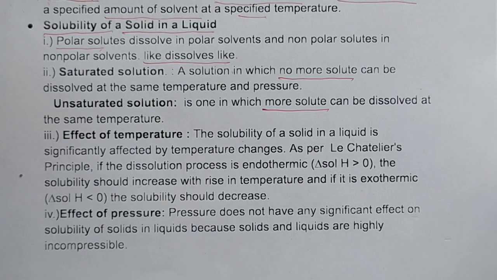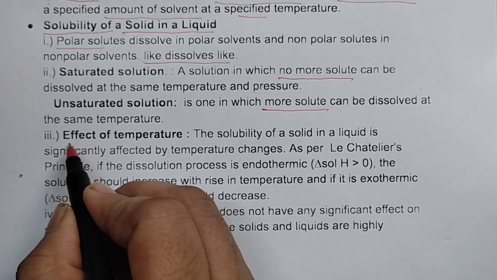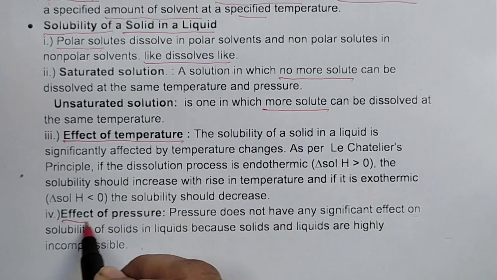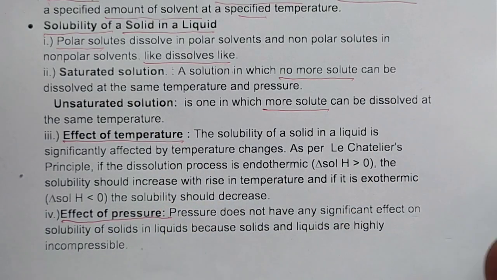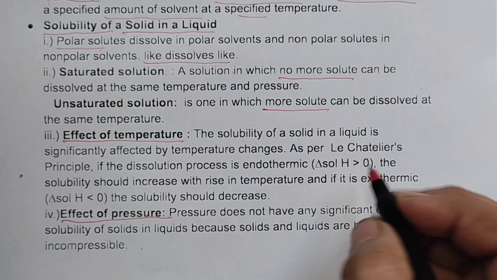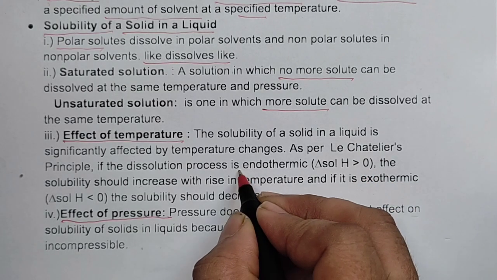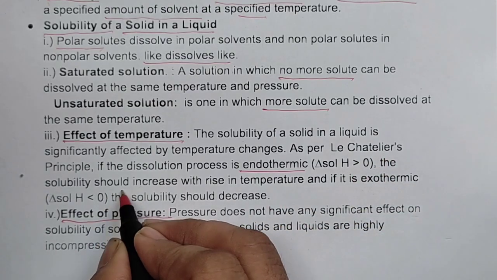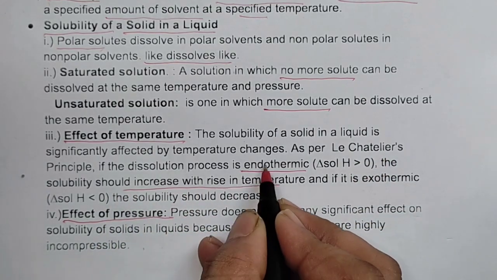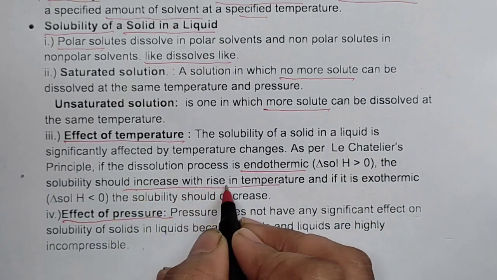Okay, now there are two factors in it, temperature and pressure. For temperature, you'll have to talk about the general aspect. In most cases, if you increase the temperature, the solubility of solid in liquid will increase, unless it's endothermic or exothermic. If it is endothermic, solubility will increase by increasing temperature.